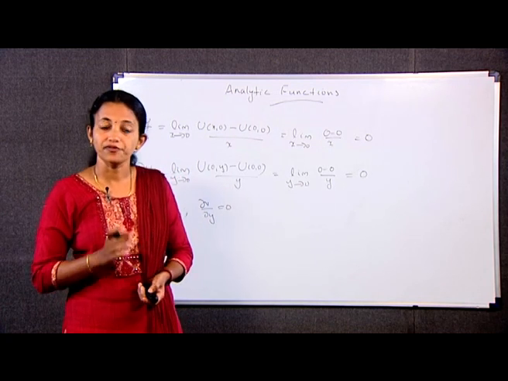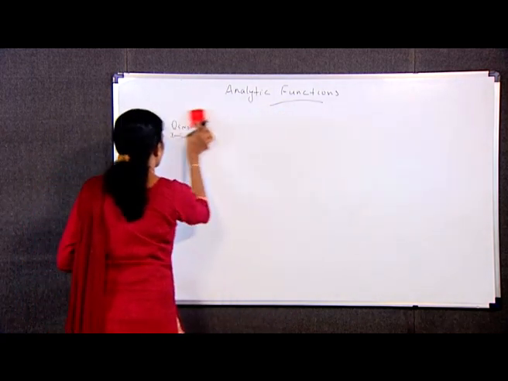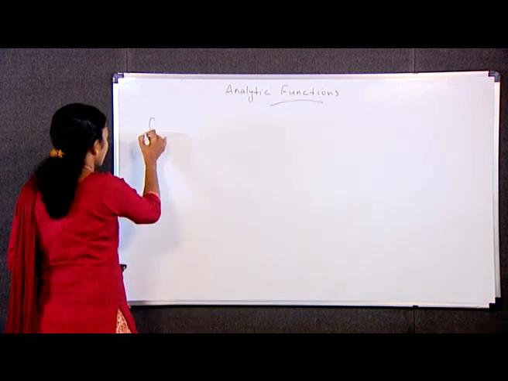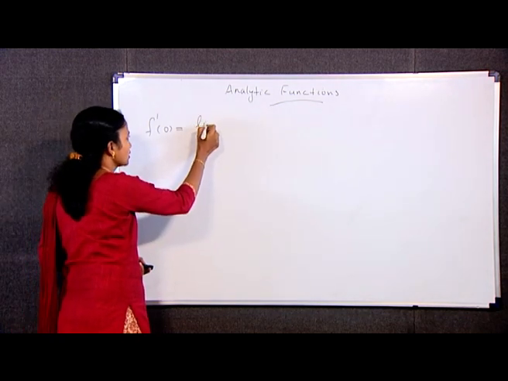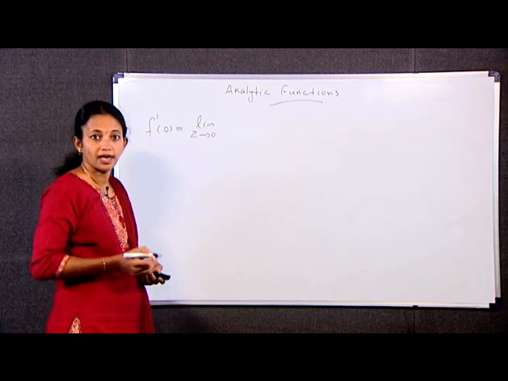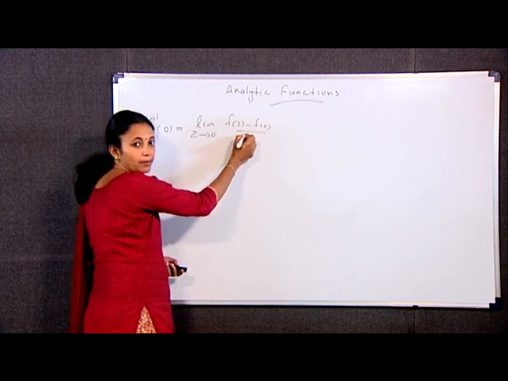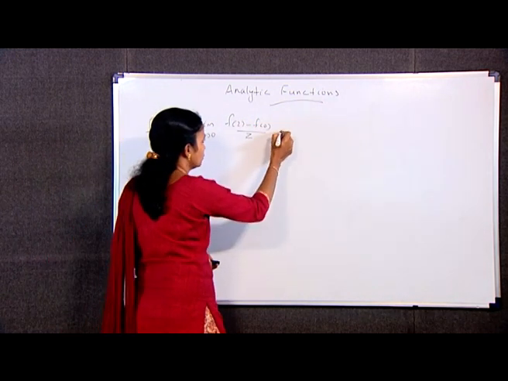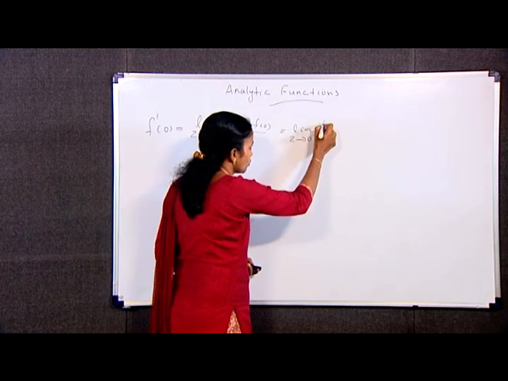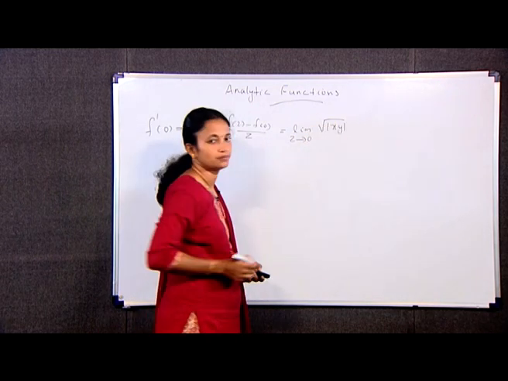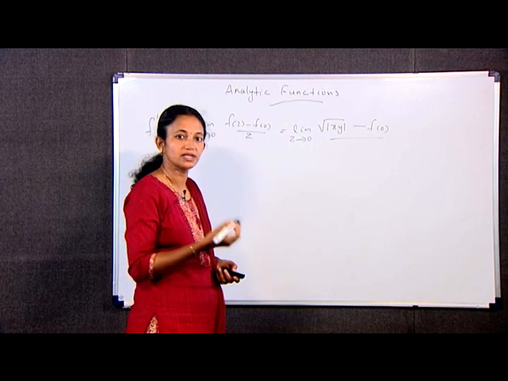It means that f dash 0 is equal to the limit as z tends to 0 of f(z) minus f(0) divided by z, which is equal to the limit as z tends to 0 of the square root of mod xy minus f(0) divided by x plus iy.